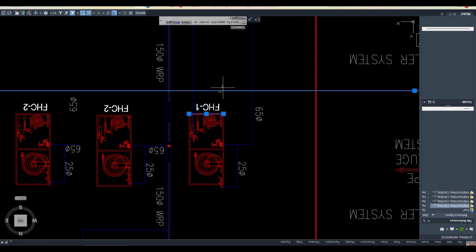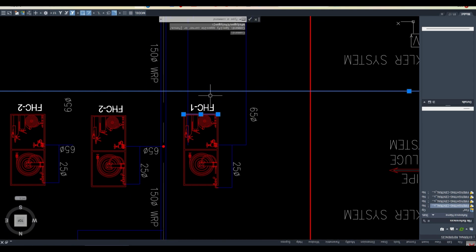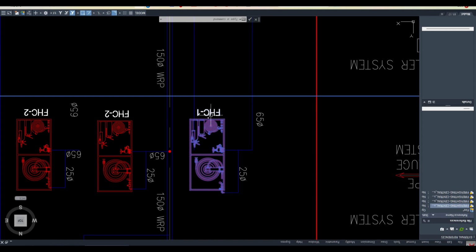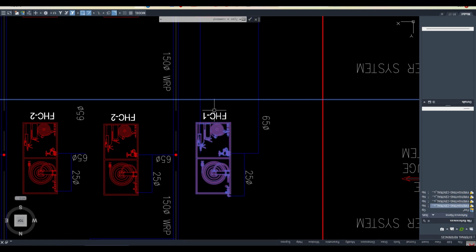Let's say that is not the actual case, I'm just giving an example. So now you know that the fire hose cabinet must be within 100 mm from the floor. If somewhere you find that your modeler has placed this 500 mm away from the FFL, then automatically you need to know that the placement is wrong.